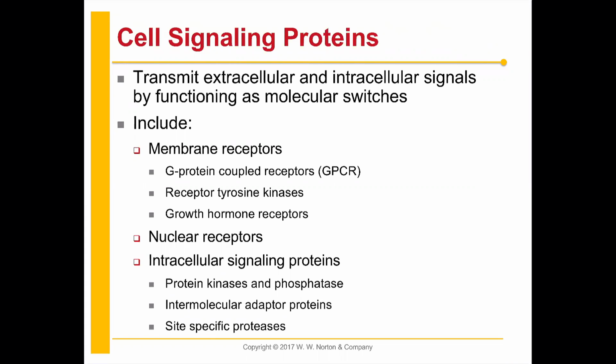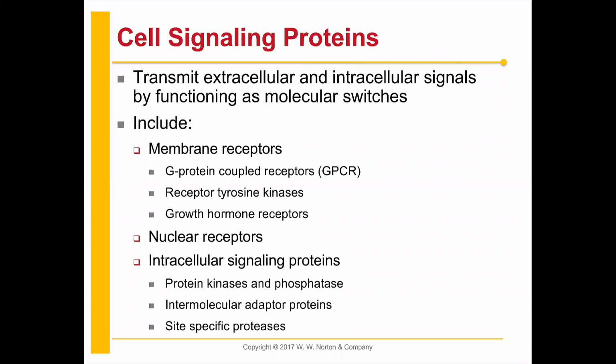Then you have intracellular signaling proteins. So you might receive a signal on the outside of the cell, and we need to propagate it in the inside of the cell. So we have kinases and phosphatases to add and remove phosphate groups. We have intermolecular adapter proteins, and we have site-specific proteases. So those are just some examples of the different kinds.